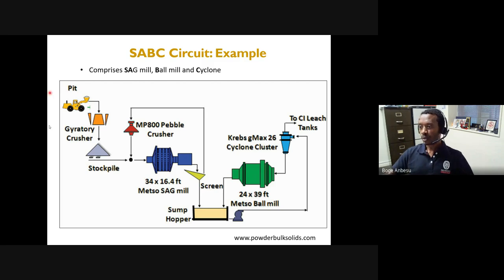Okay, and I also mentioned to you before, we feed a primary crusher such as a gyratory or a jaw crusher. We put grizzlies, which are typically screens as well. Again, the idea behind that is to remove any fine material from going to our primary crusher.